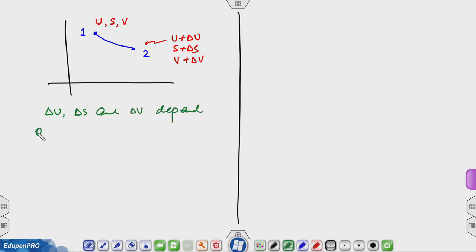And therefore, if I write the equation, I've removed delta Q, instead I'm writing T delta S equals delta U plus P delta V.